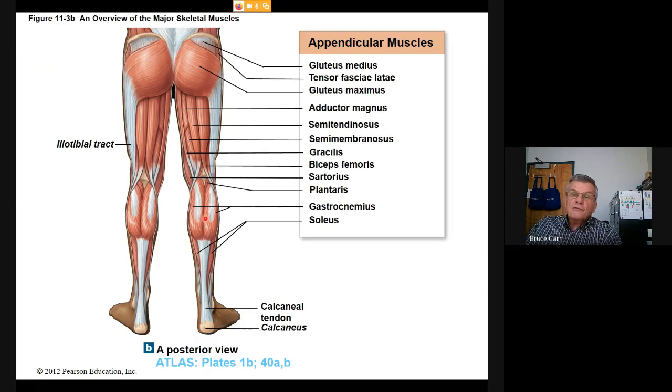So what would we have to do to take a step? We would have to hyperextend. If we reach out, let's reach out with our right leg and put our foot down. Now we have to extend the hip and hyperextend the hip as we're rolling our weight over that leg, foot on the ground.